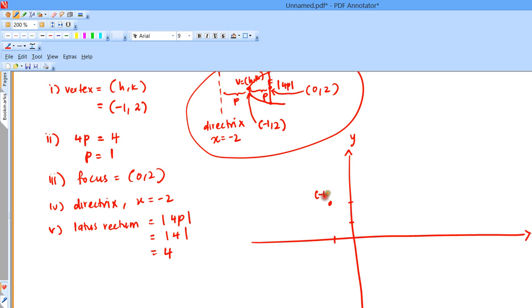So (-1, 2) is the vertex. And then we have the focus (0, 2). Here is 0, here is the focus (0, 2). And then we have the directrix x equal to -2. Here is -2. So x equal to -2 is the directrix.